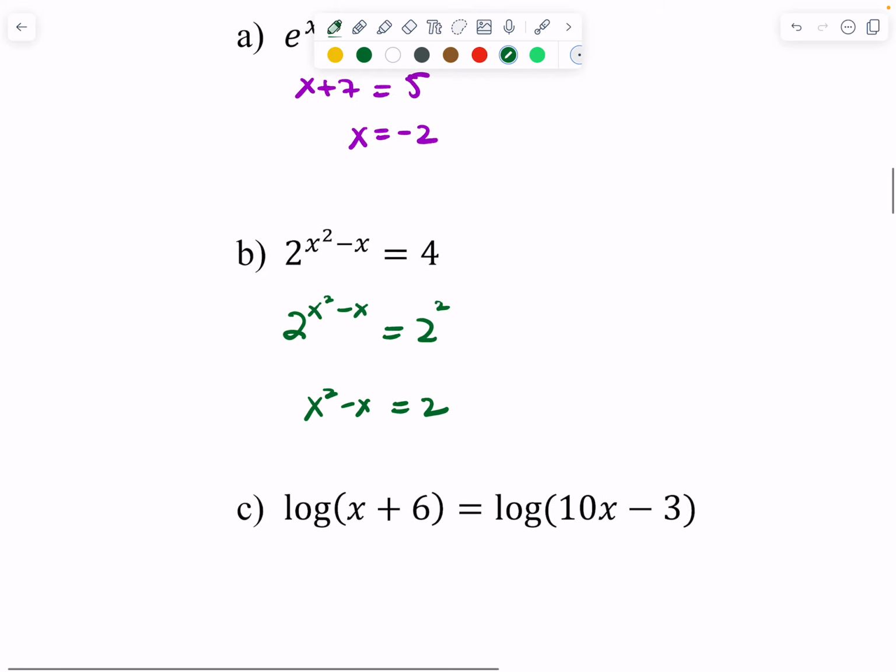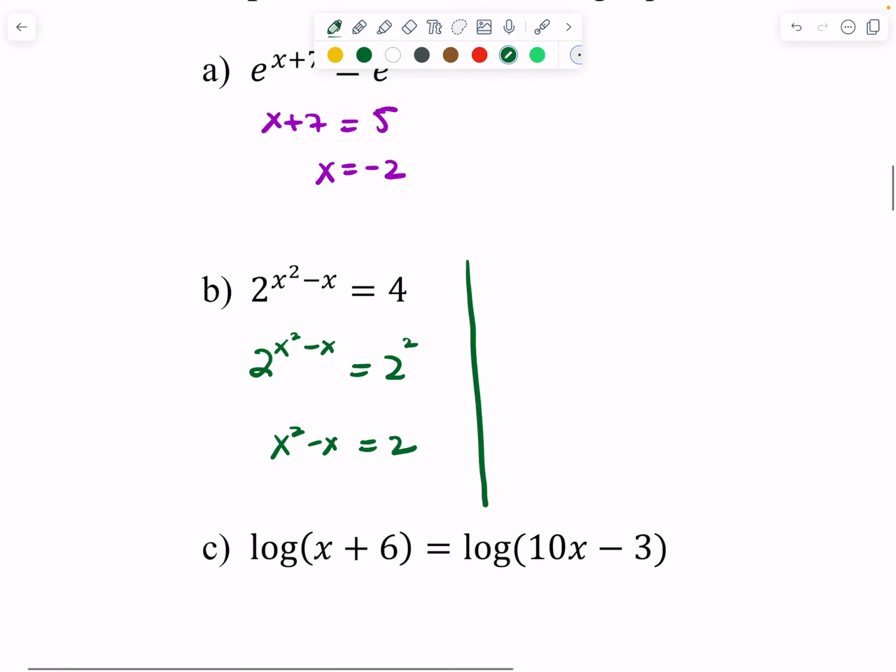And now notice that this has become a quadratic equation. In the example above in A, we were able to apply the one-to-one property and we ended up with a linear equation. Now we have a quadratic equation, so you can use any of the different methods that are in your toolbox to solve a quadratic equation.